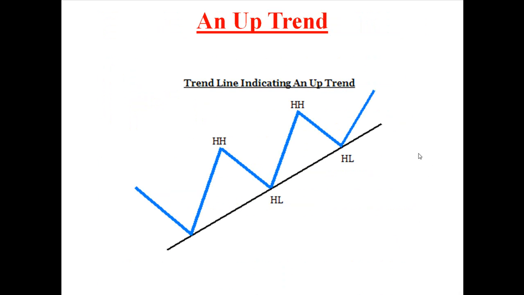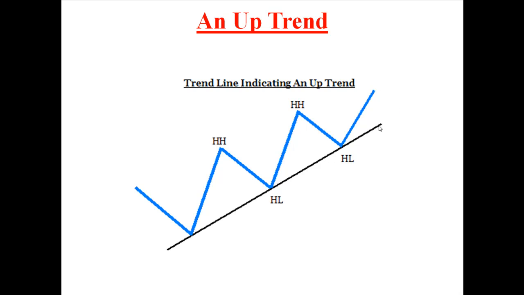So here they are. Here the market is going up and down, as I explained. It's making a higher high and higher high here, a higher low and again a higher low. So when you draw a line between these two points, okay, you get a trend line and you will see that the market is going up.